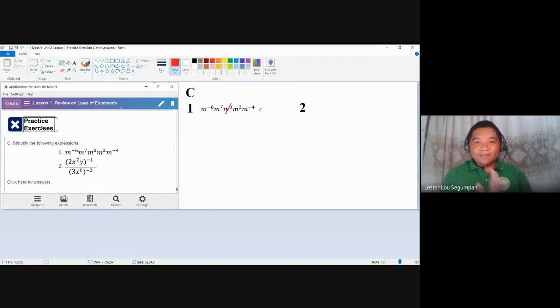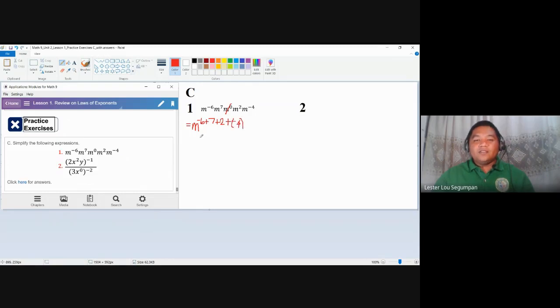So it's not m to the power of 1. It's 1, a whole integer factor. So just by simplifying it into 1, we can simply combine the four expressions. So m to the power of negative 6 plus 7, these are all under the multiplication law. So never mind the 0, plus 2, and plus negative 4.